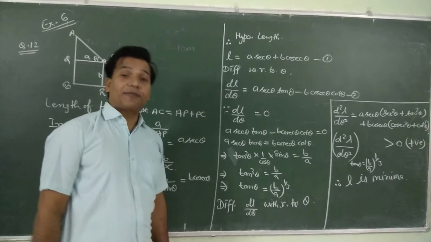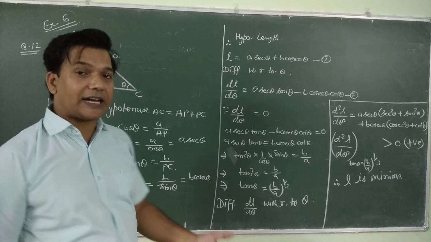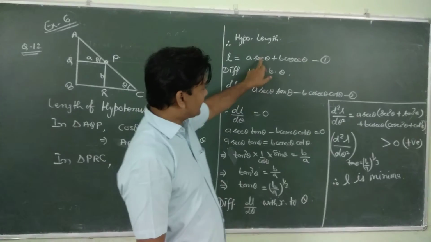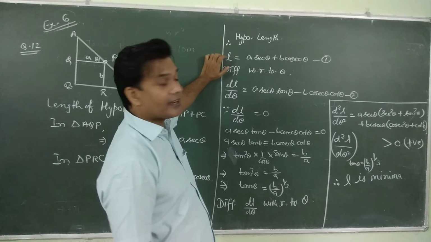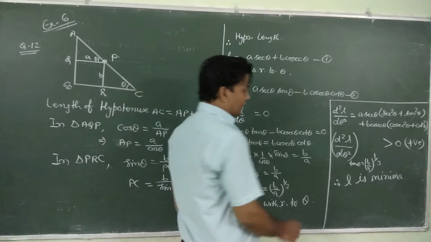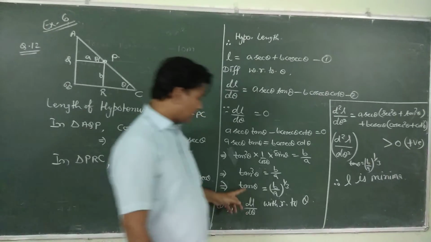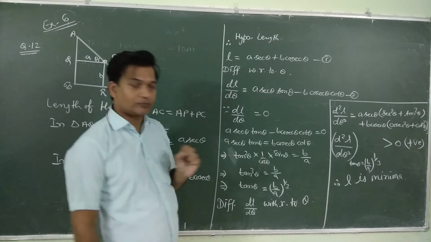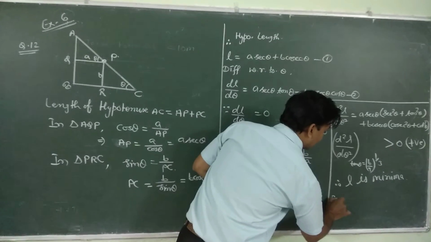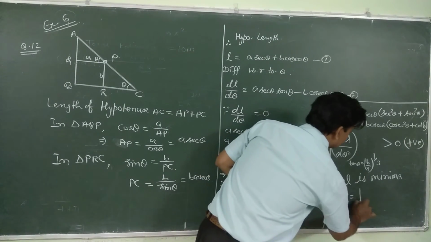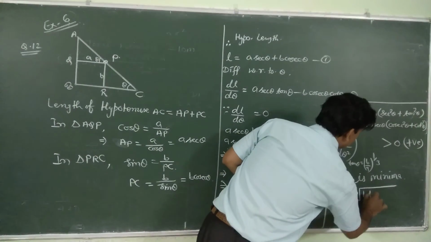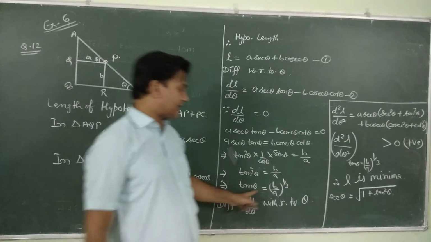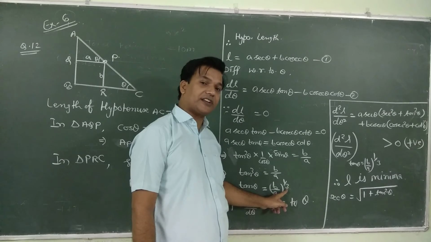So if you want to find the minimum value, we have to substitute the values of sec and cosec in result 1. For that, first we have to find, with the help of tan theta, the value of sec theta, which is given by root of 1 plus tan square theta, and the value of tan square theta is B upon A raised to 2 by 3.